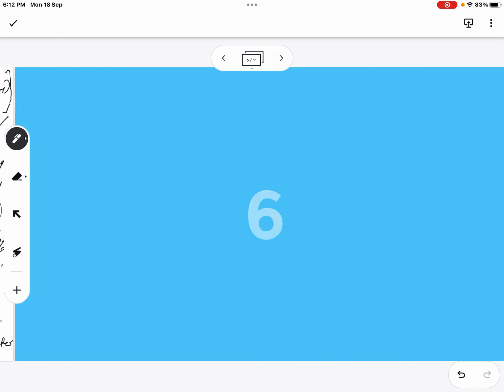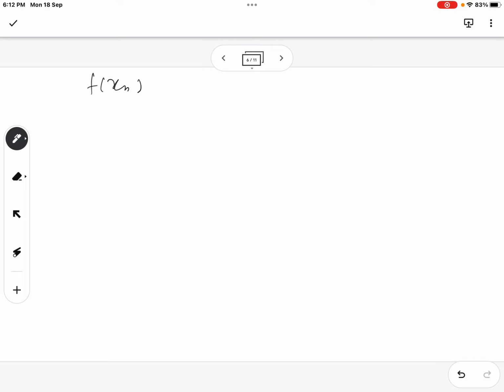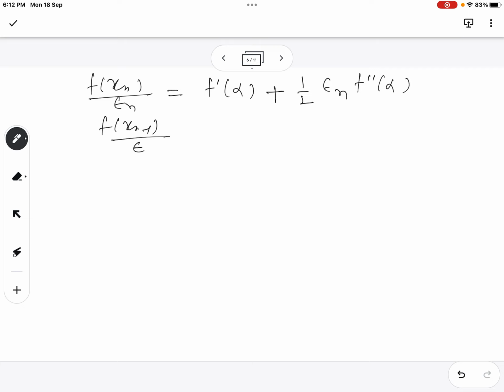And next I can divide this with nth error, so I get f prime at alpha, that is derivative of f at alpha, plus half of nth error second derivative at alpha, and f at xn minus 1 by n minus 1th error equal to f prime at alpha plus 1 by 2 n minus 1th error multiplied by the second derivative at alpha.